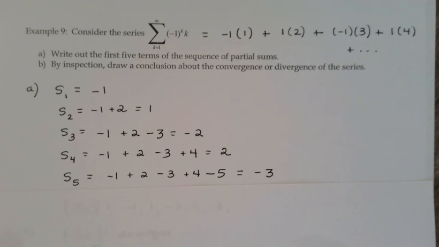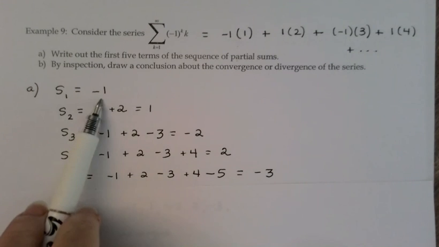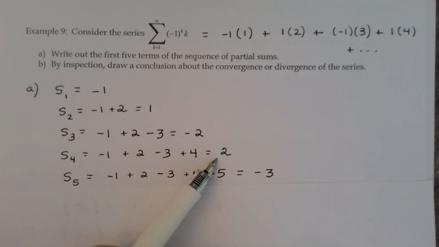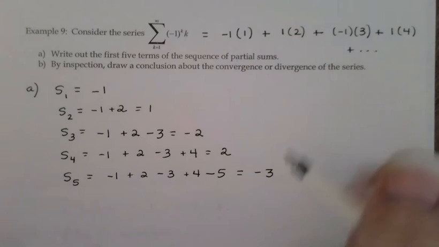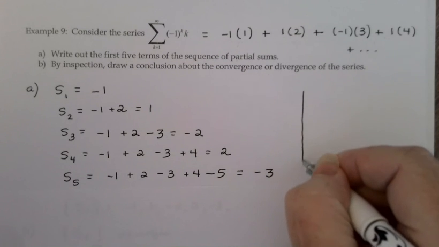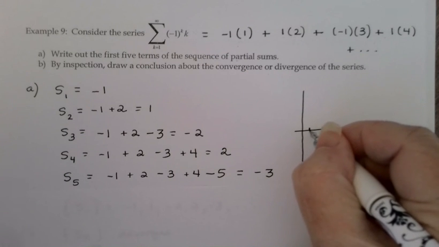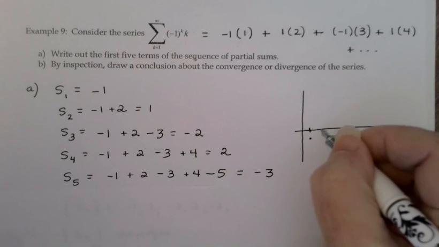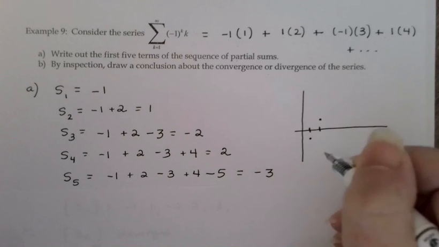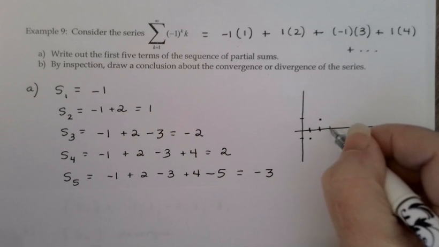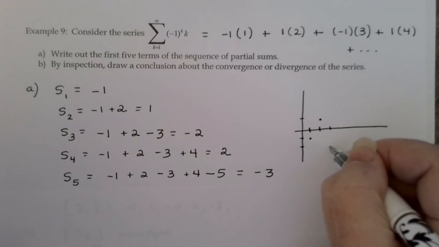Now, unlike the previous one, although I see a pattern, and in fact I think probably the next one will be a +3, this pattern is not getting closer and closer to a single value. In fact, these numbers are getting further and further apart. If I were to imagine, I start at n equals 1, down here at -1. When n is 2, I'm at +1. When n is 3, I'm at -2.